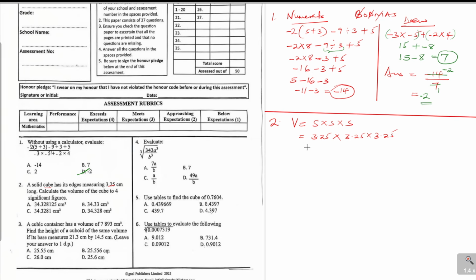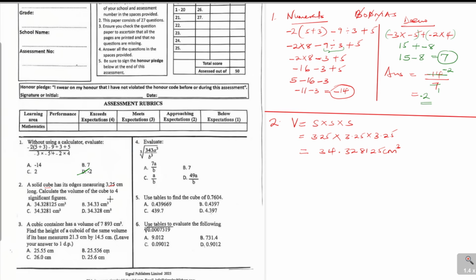That is what will give the volume. When you multiply these, you get 34.328125 centimeters cubed.